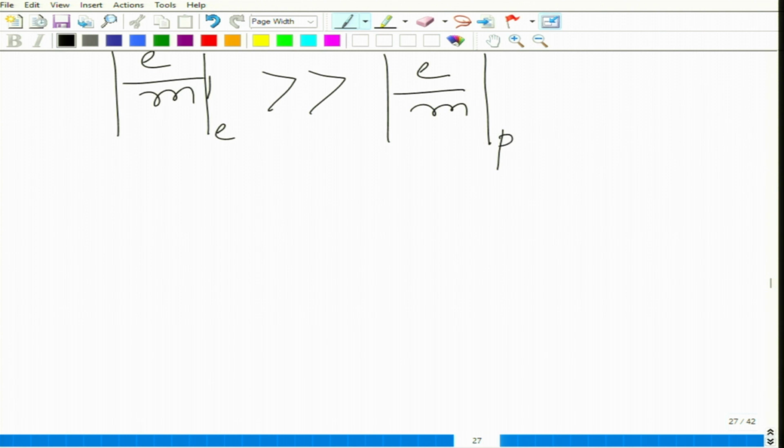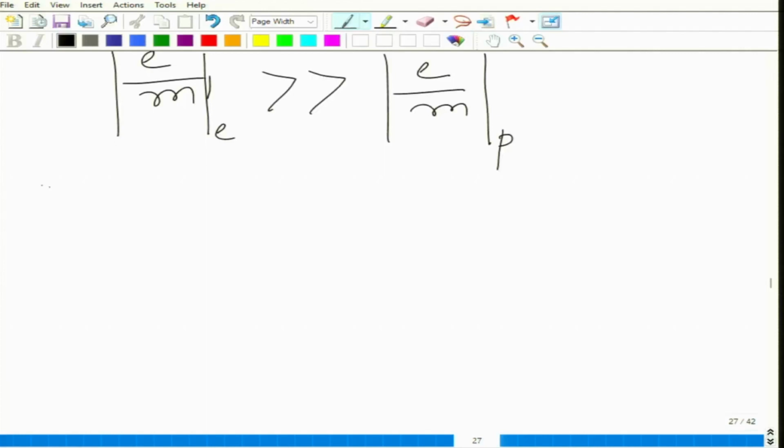Remember that in this case we are talking about the magnitudes of the charge to mass ratios, right? We will not take the true values, because in the true values the charge to mass ratio of the electron will have a negative sign and for the proton a positive sign.